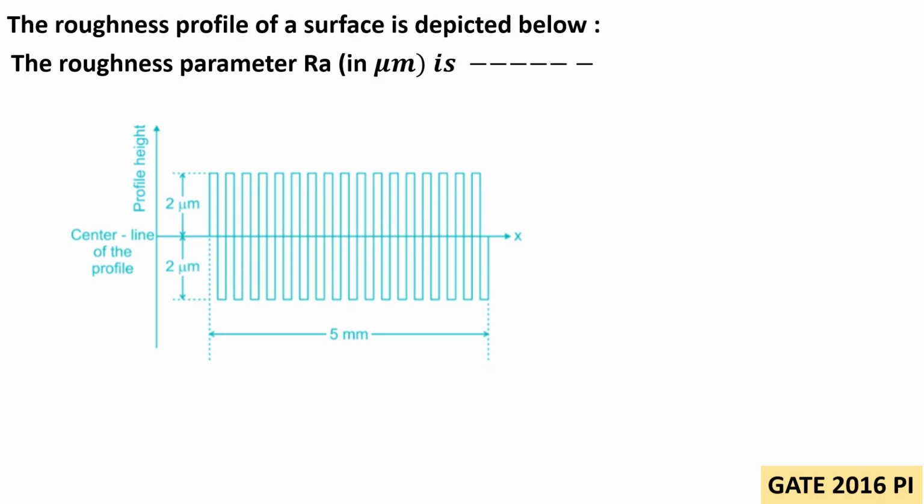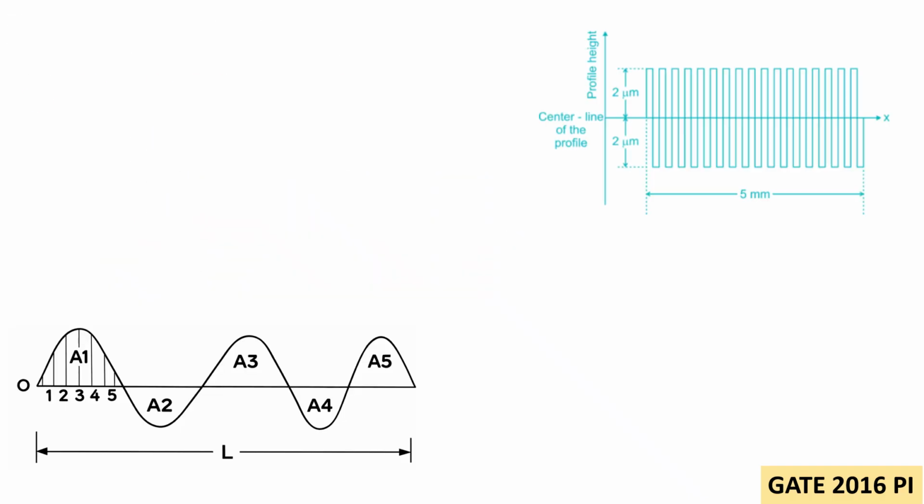So the first problem: the roughness profile of a surface is depicted below. The roughness parameter Ra is? This question was asked in GATE 2016 for the production and industrial engineering paper. So let's see the solution.